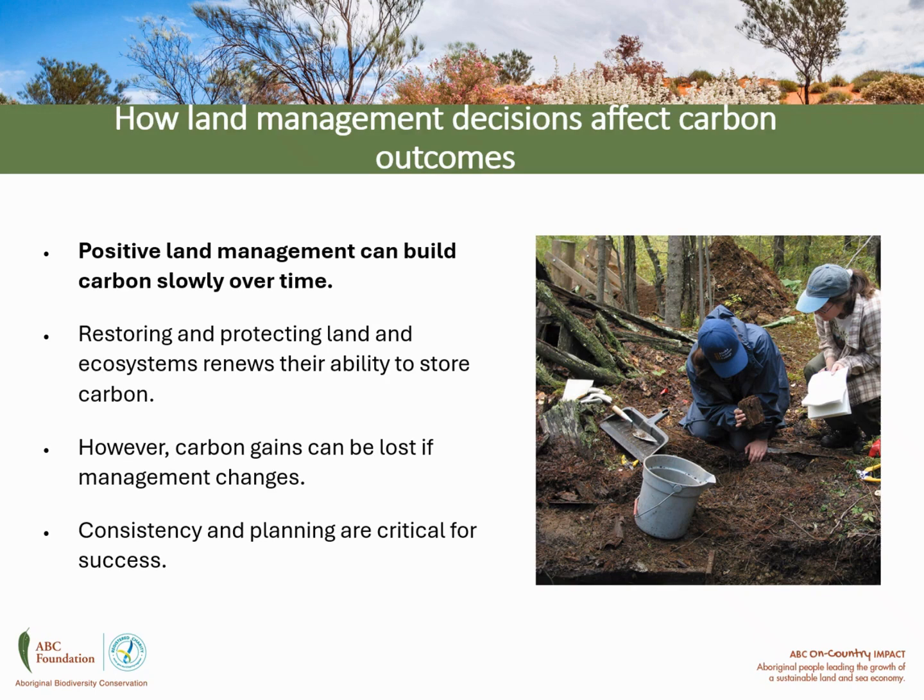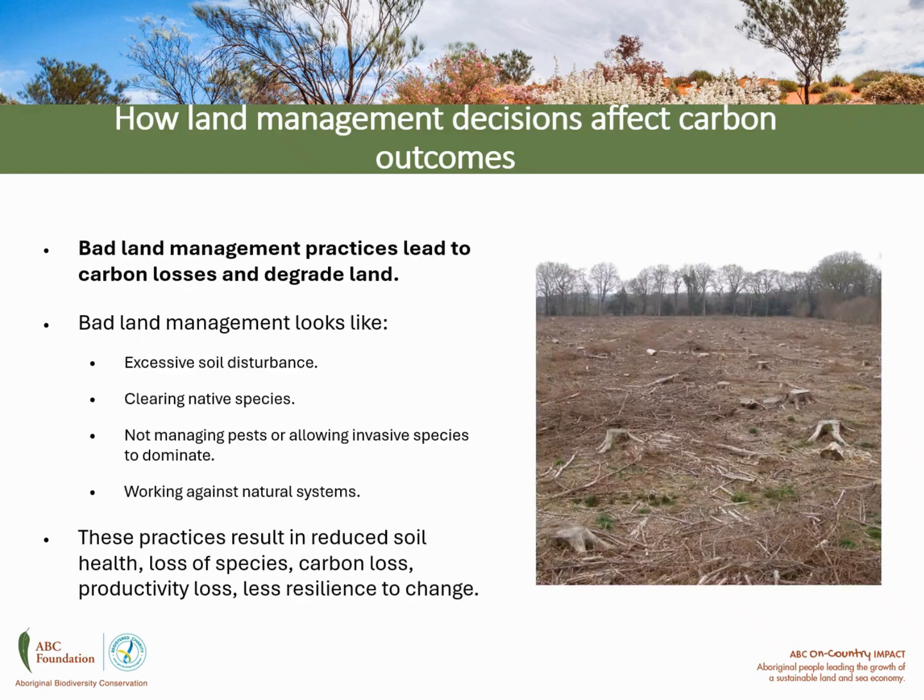And positive land management aims to build carbon slowly over time. Restoring and protecting land and ecosystems renews their ability to store carbon. However, carbon gains can be lost if management changes, and consistency and planning are critical for success. While bad land management practices lead to carbon losses and degraded land.